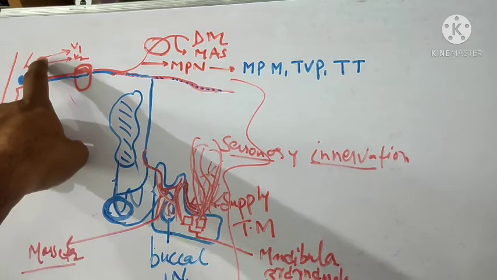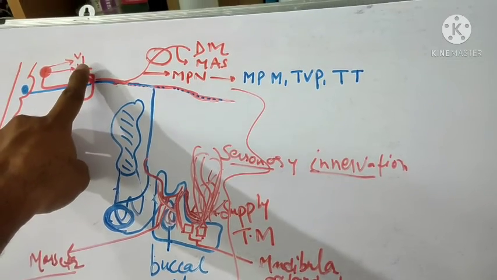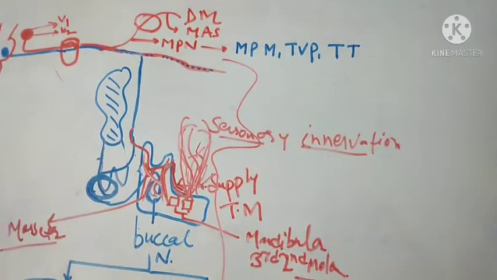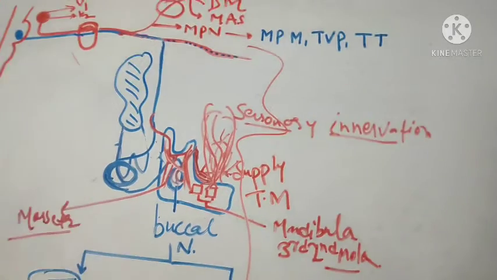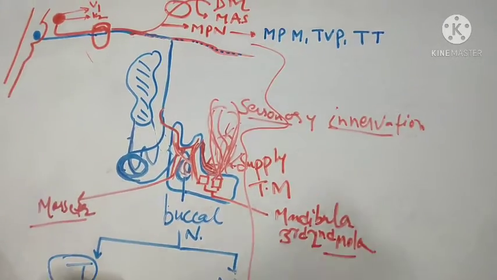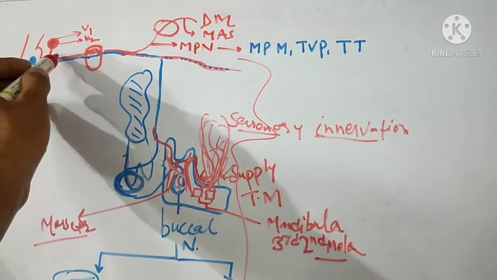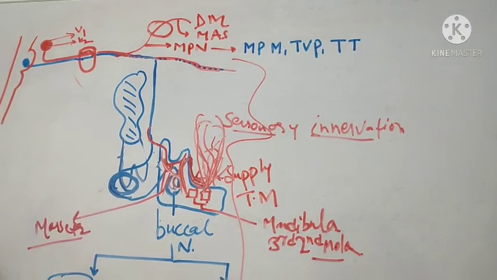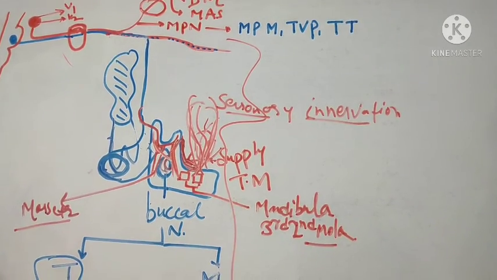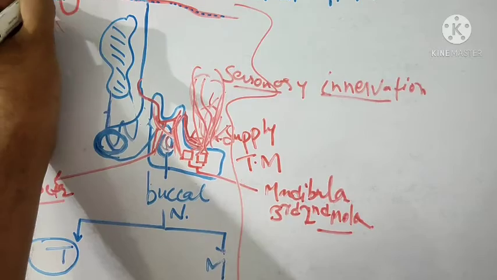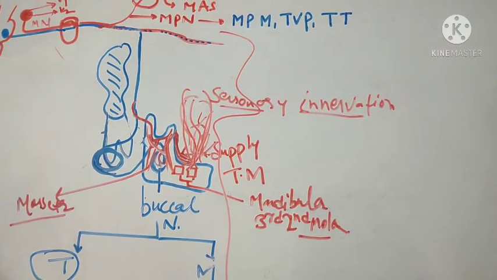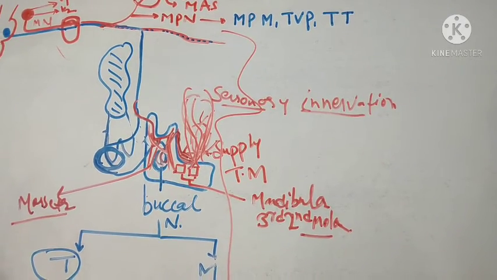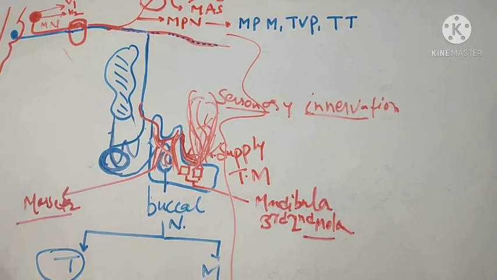From the middle comes V2, the maxillary nerve, which comes out of the foramen rotundum. Then from the inferior portion comes the mandibular nerve, which goes into the foramen ovale.